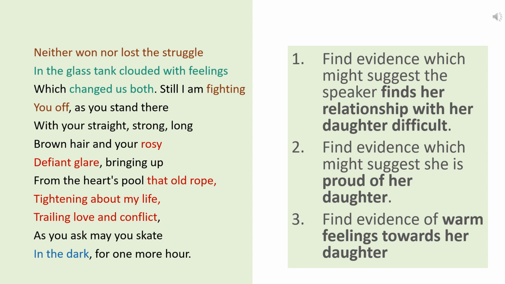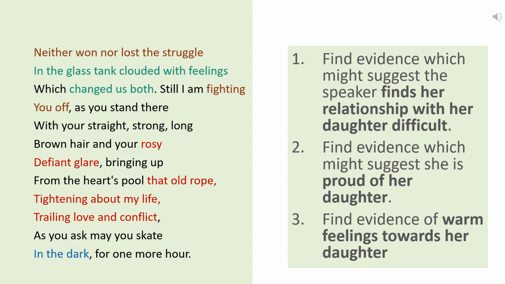So think about individual words or perhaps short phrases that suggest that. Then I'd like you to try and find evidence which might suggest that she is proud of her daughter. Any descriptions of her daughter which show a warmth and perhaps a pride in her daughter. Something that shows that she is proud of her daughter.